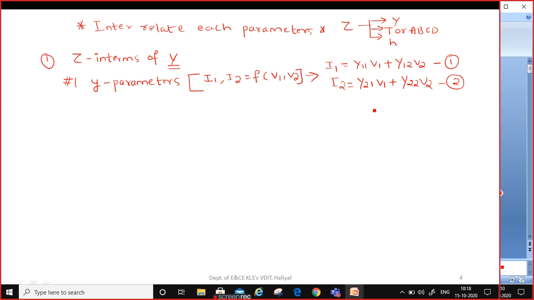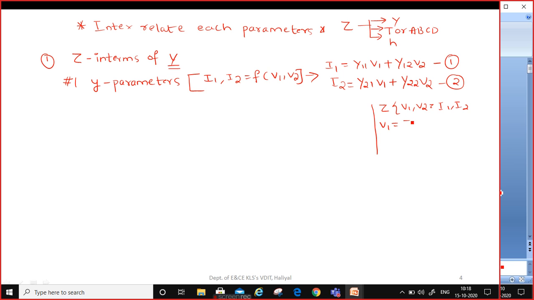And here you just have to make a note of z parameter. So how do we express z parameter? We express v1 and v2 as a function of I1 and I2. So if we consider this, what we get?